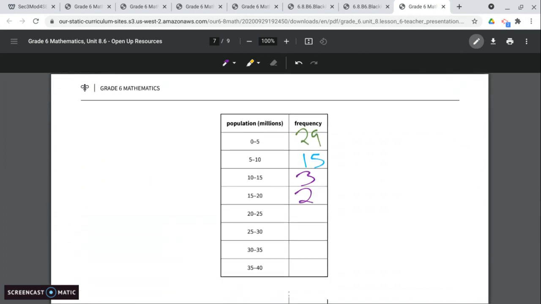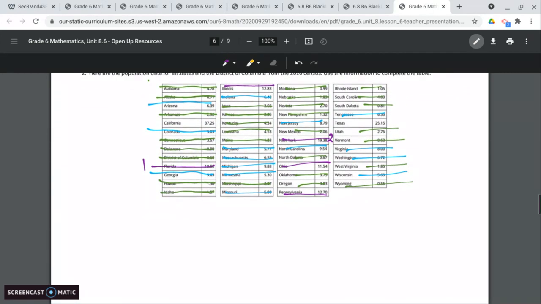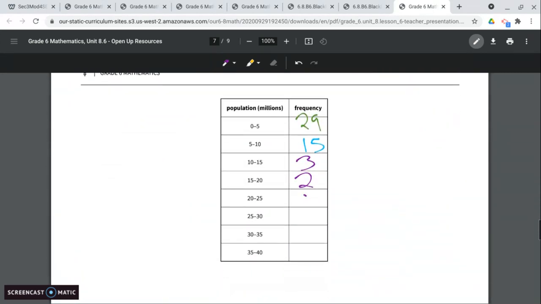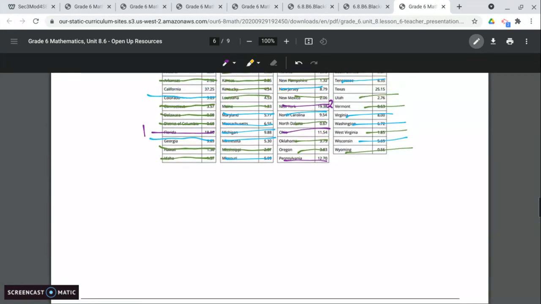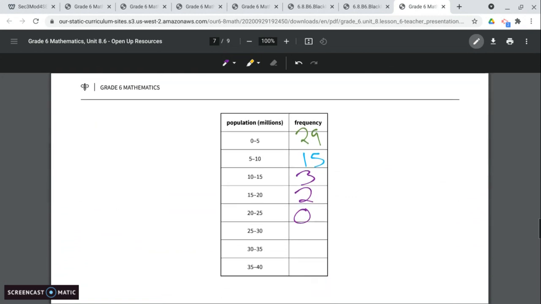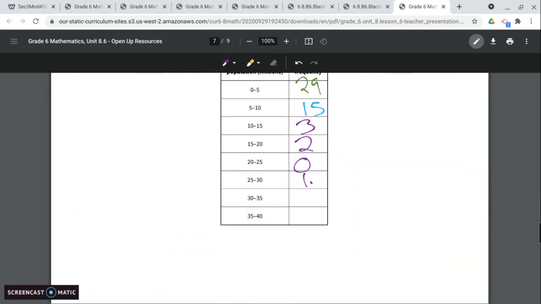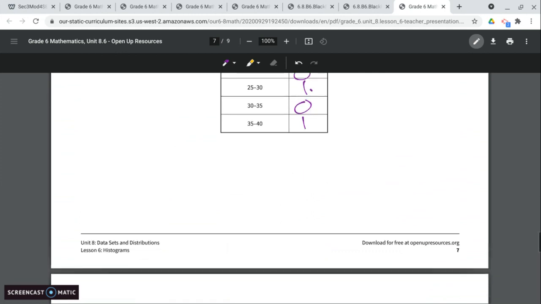Then 20 to 25, we don't have any that are between 20 and 25, so that'd be 0. Between 25 and 30, that'd be Texas. 30 and 35, there aren't any. And then California for our big one.